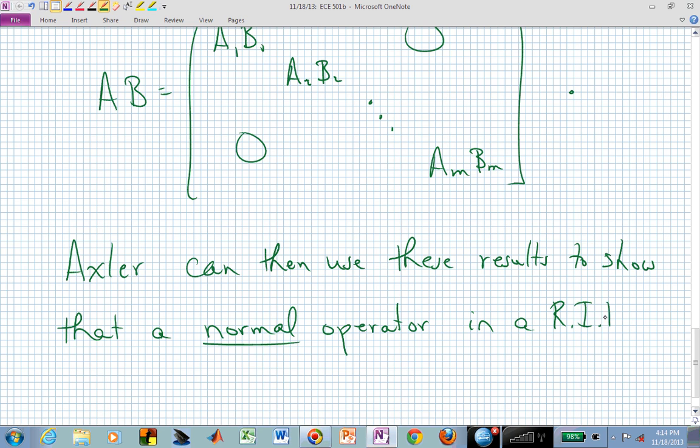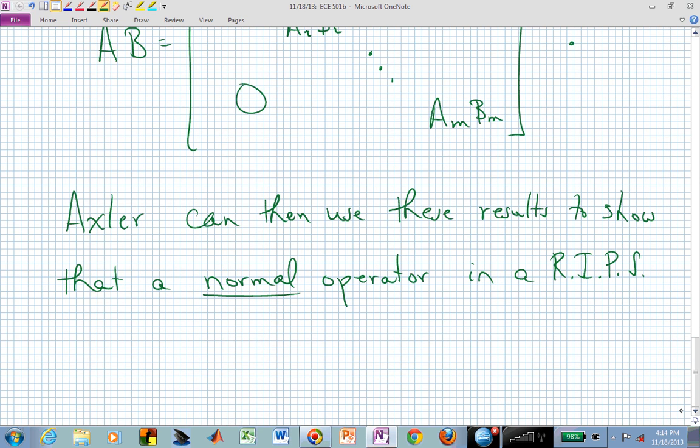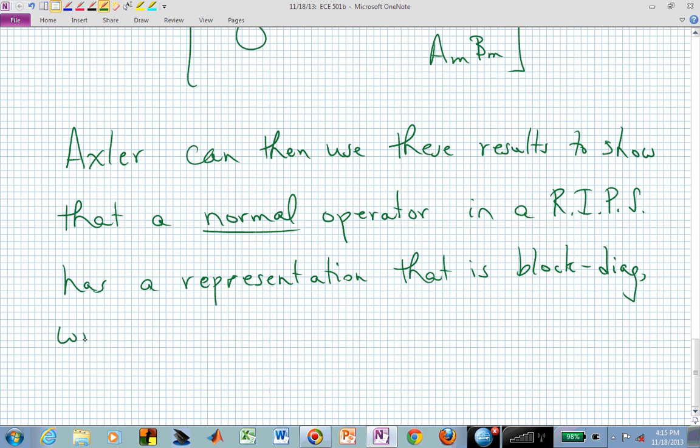But now if we restrict that to a real inner product space, then we can find a representation for that normal operator that is block diagonal with blocks either of size 1 by 1 or 2 by 2.